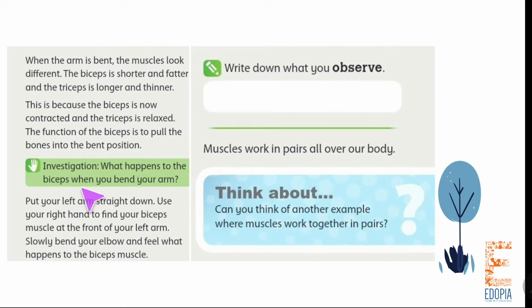What does happen to our biceps when we bend our arms? Again guys, muscles work in pairs all over our body, and this is something that we've been really focusing on and looked to include in our observation. I've also been really impressed with how you guys have come up with the example of our leg muscles as another pair of muscles that work together.